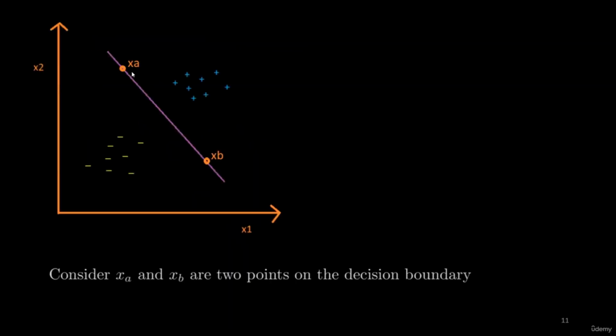Now suppose I have two points, XA and XB. These two points are on the decision boundary, or on the straight line. So here we have written: consider XA and XB as two points on the decision boundary. Now put the values of these two points in the equation of the decision boundary.